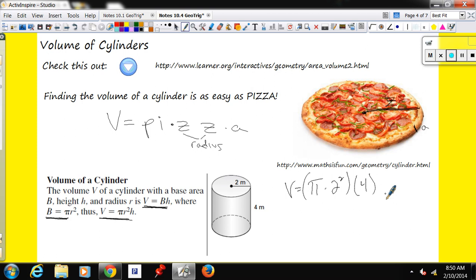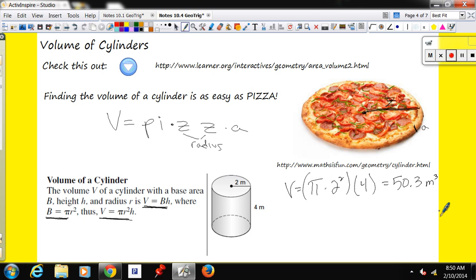So let's see if we get 16 times pi. We get 50.3, and that would be cubic meters. 50.3 cubic meters would be the volume for that cylinder.